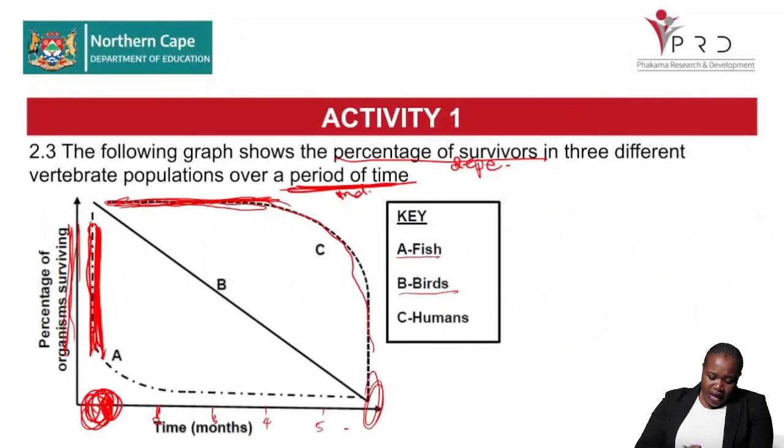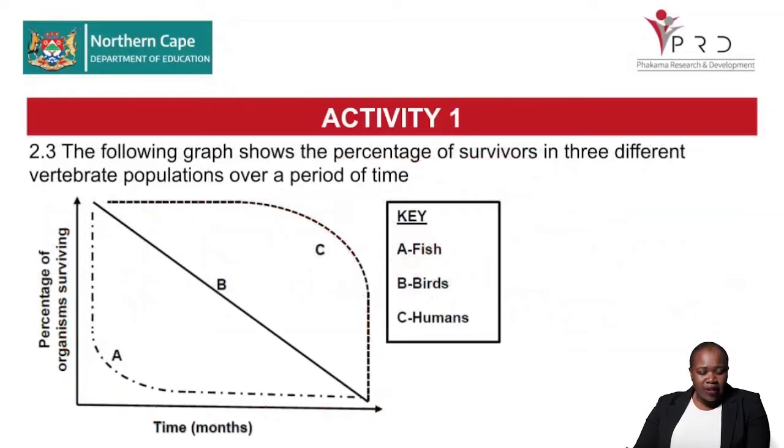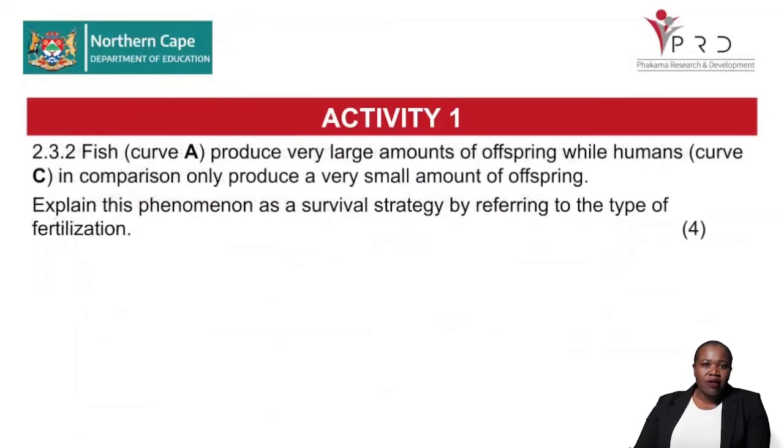A, they die young. B, they die as time goes on, right? Now, what is the difference between the birds and the fish in terms of parental care. There's more parental care in birds than there is in fish.